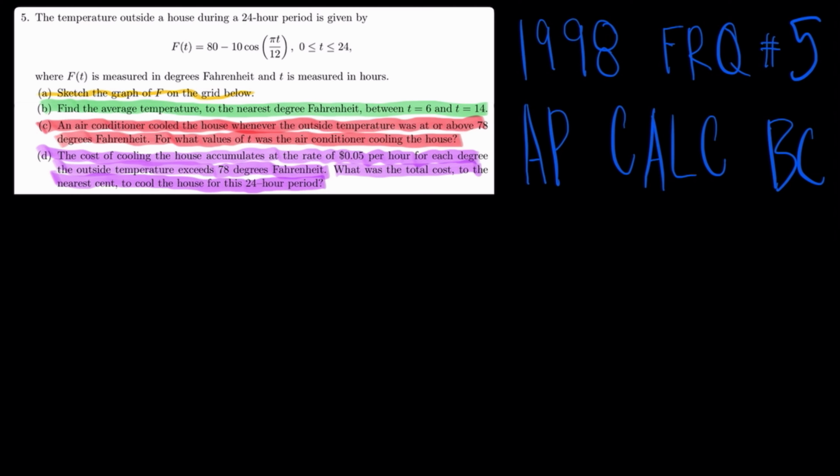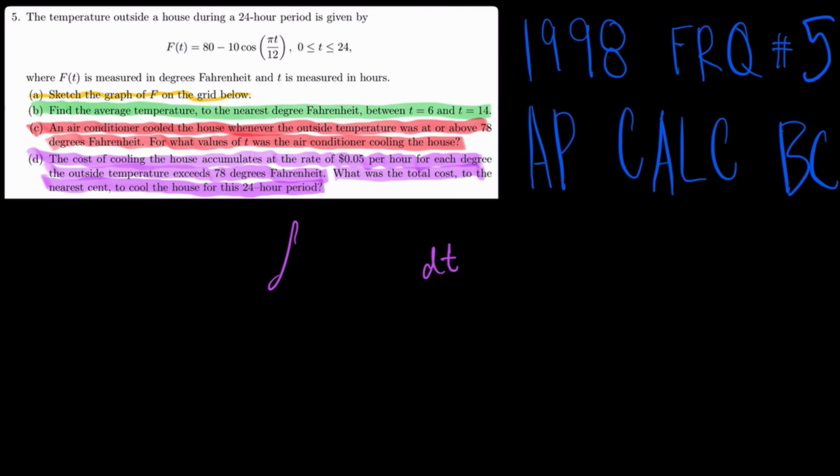So this is an accumulation problem, and for this we will need to take the integral dt from 5.230 to 18.769, and then what will be our integrand?